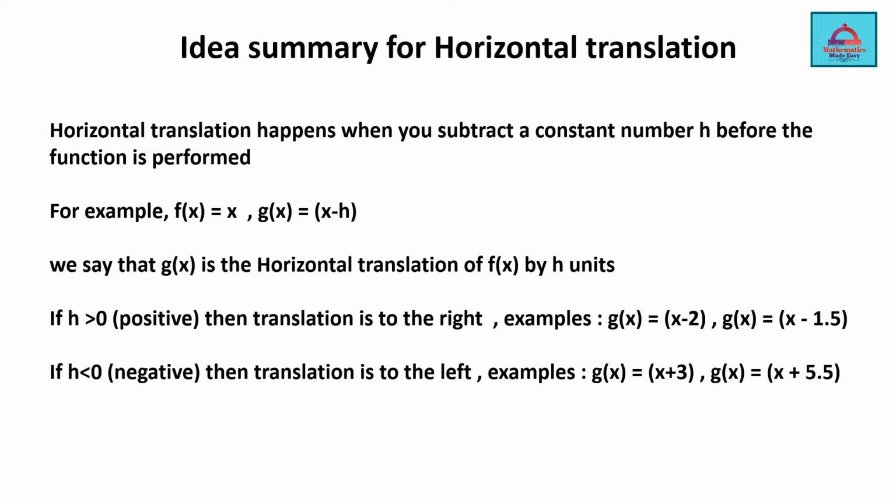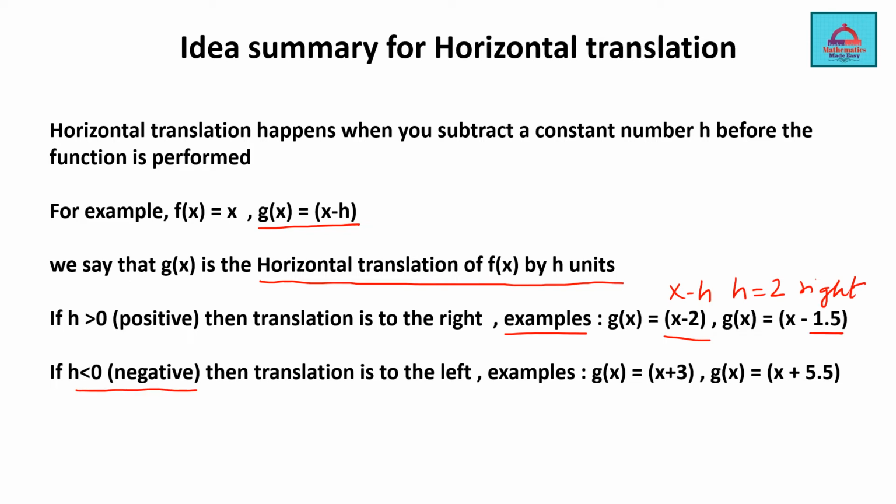So as an example, a summary of horizontal translation is given here. You are going to compare with x - h, and we know this is horizontal translation of f(x) by h units. If you are comparing with x - h and your h is positive, that means it is going to move to the right by 2 units here and by 1.5 units here.